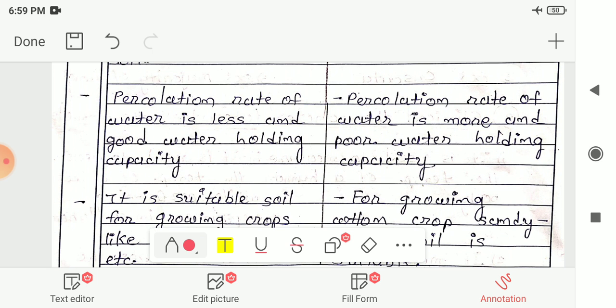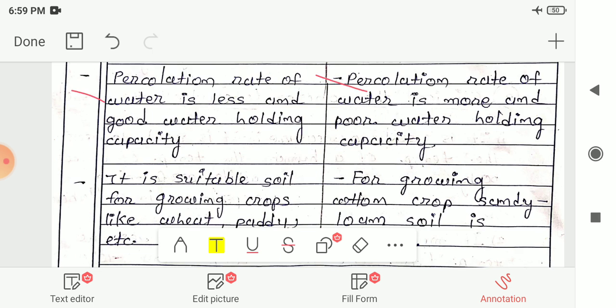Next, in clay soil the percolation rate of water is less and it has good water holding capacity. That means water takes more time to pass through clay soil, whereas in sandy soil the percolation rate is more and water holding capacity is poor.